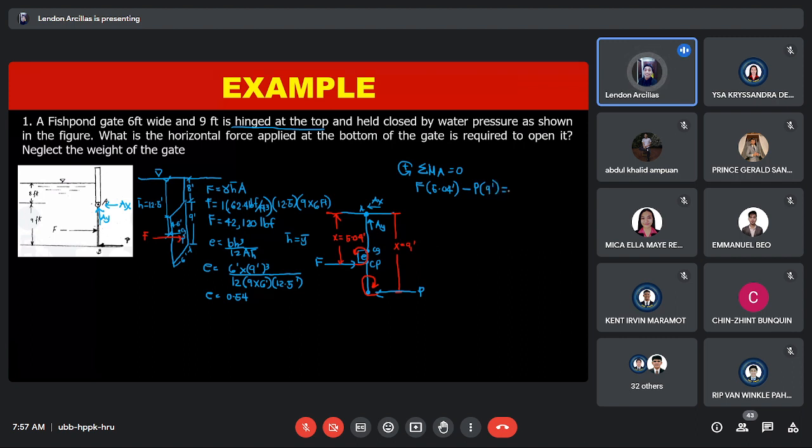That is equal to 0. Okay, yung value ng F natin is meron tayo, di ba? 42,120 times 5.04. Okay, lipat na lang natin yung P sa transpose natin, 9P. P times 9 is 9P. Divide lang natin ng 9, makukuha natin yung P. So, P is 23,587.2 pound force.